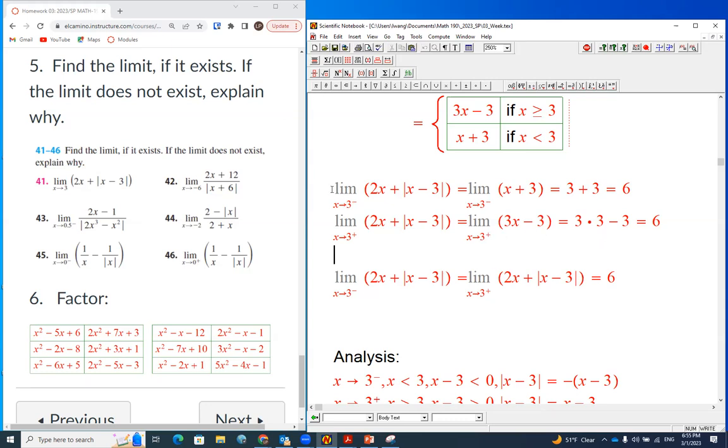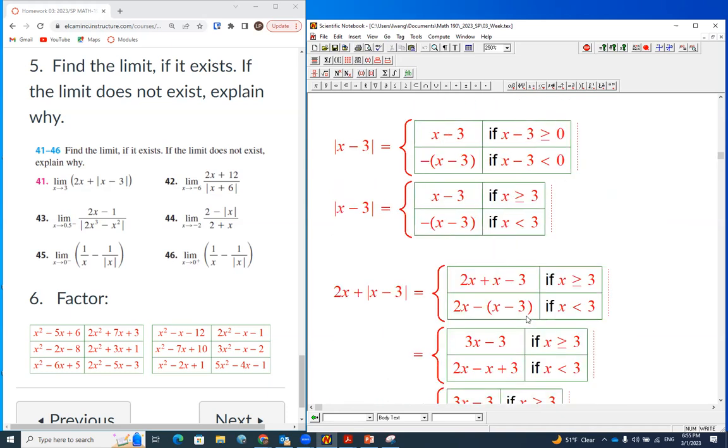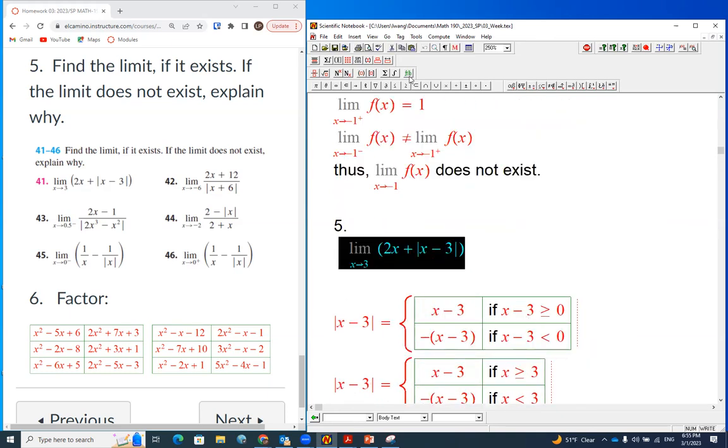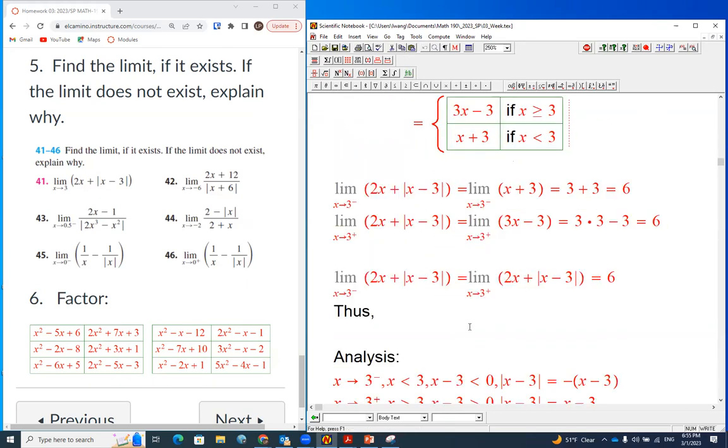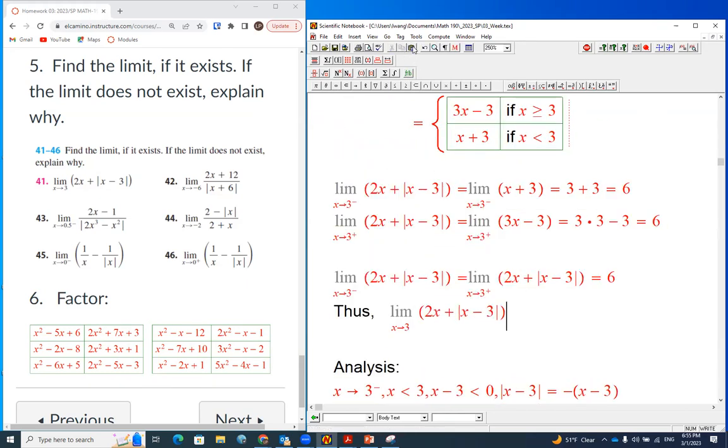So the limit from the left exists and the limit from the right exists, and they're the same. Then you can say thus, this limit when x approaches 3 exists, and it is the same as the two limits from the sides.